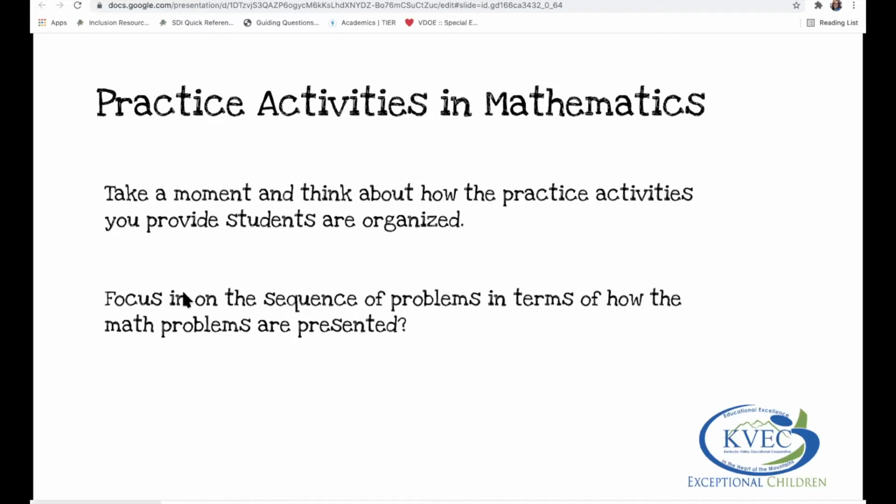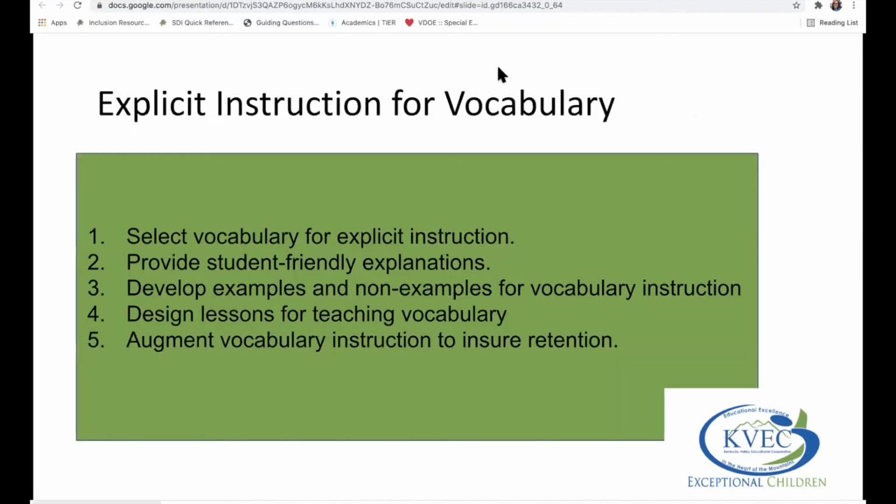Okay. Now, next thing, explicit instruction for math vocabulary. You as the teacher will select the word or the words. Don't choose more than 3 for our students that they are going to need to know. You are going to put them in a student-friendly explanation, right?